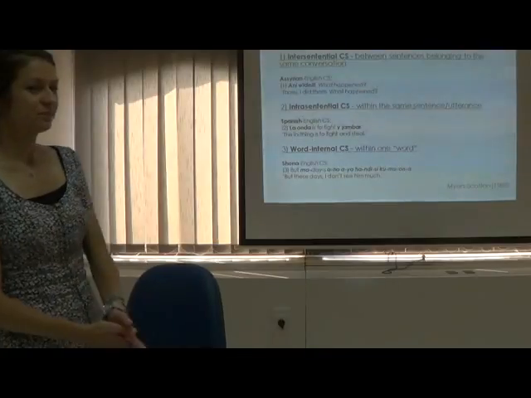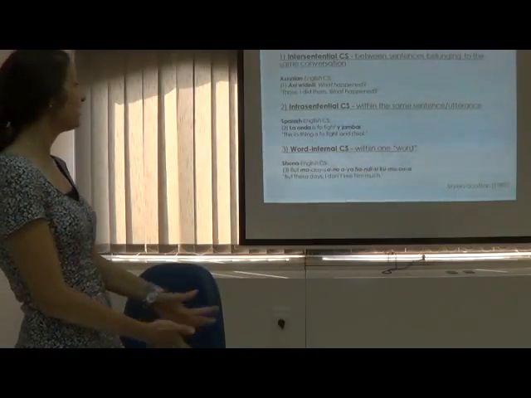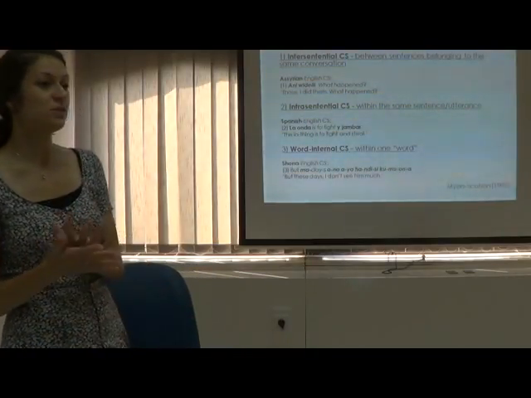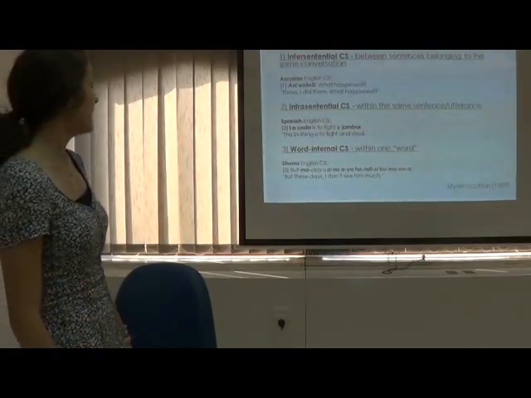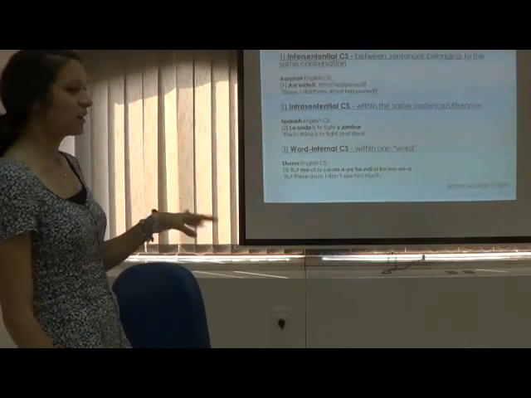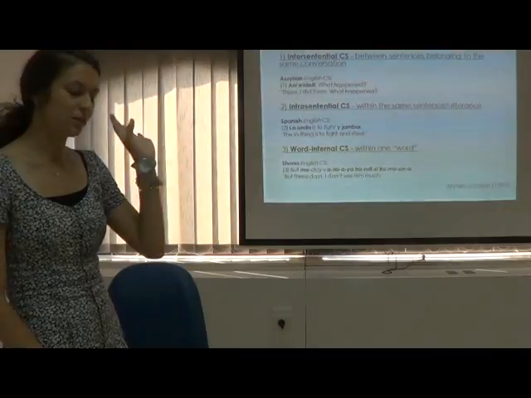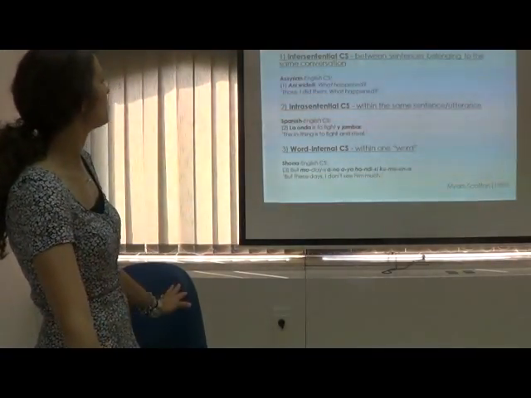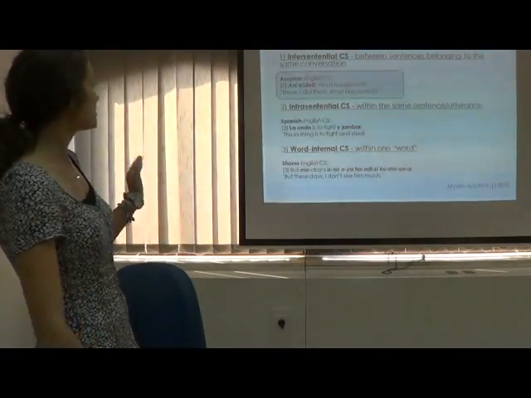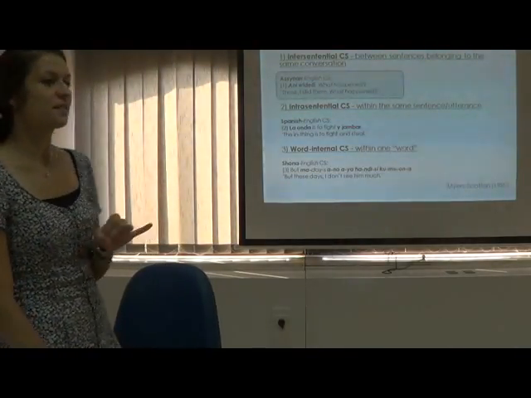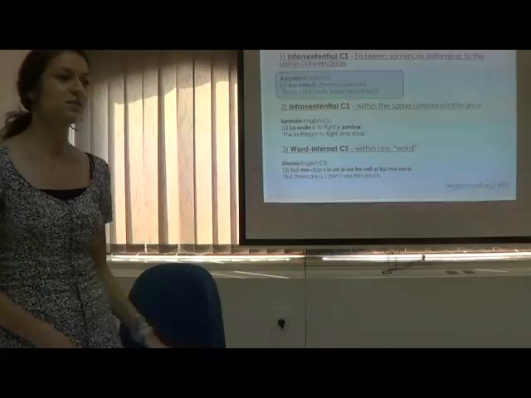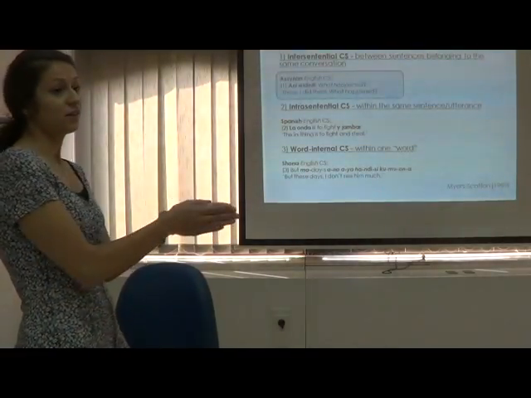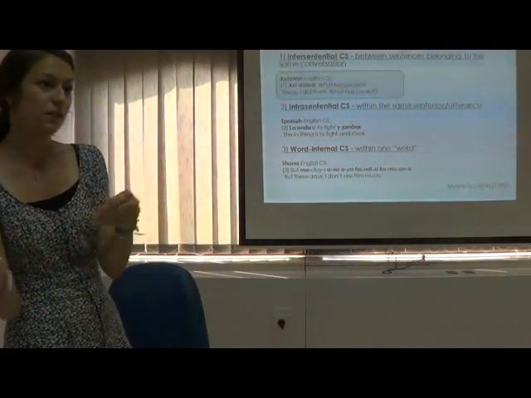Alright, so code switching, it's alternating between two languages while using elements from both. And these are three major types of code switching. There's some other classifications, but these are the most common ones. So there's intersentential code switching, and that's not too interesting for linguists just because you use one utterance in one language and the other one in the other language.